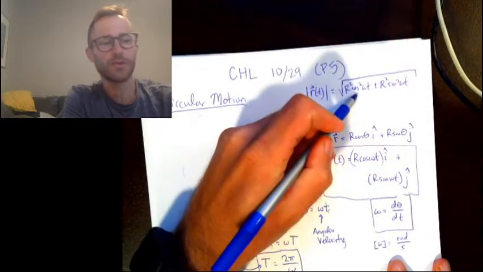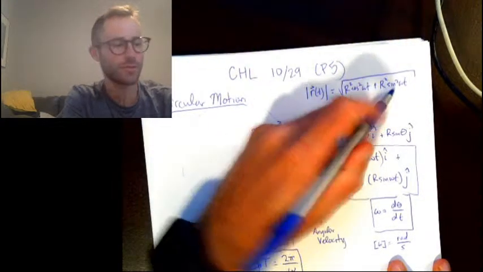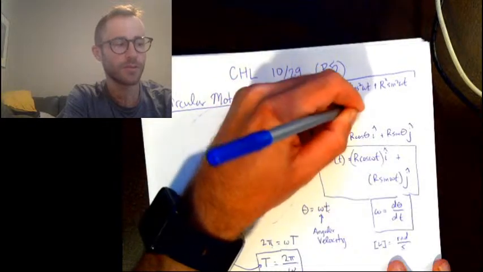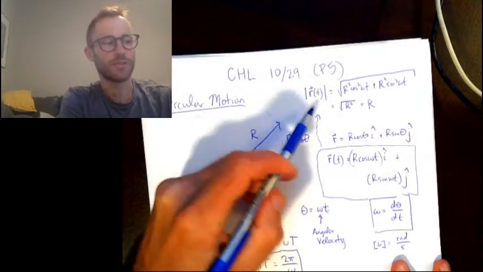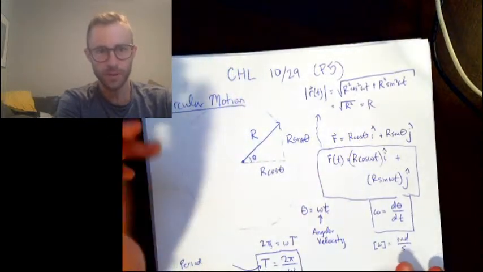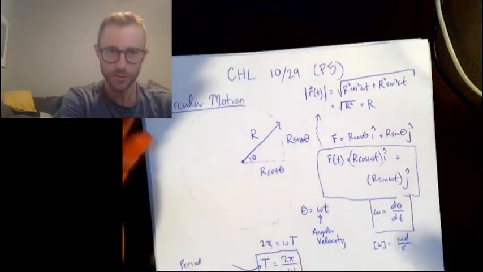Now see how we have cosine squared plus sine squared, so that's just equal to 1, so we get the square root of r squared, which is just r. So the distance from the origin is always going to be the radius of the circle. See how that works? Because of cosine squared plus sine squared equals 1.